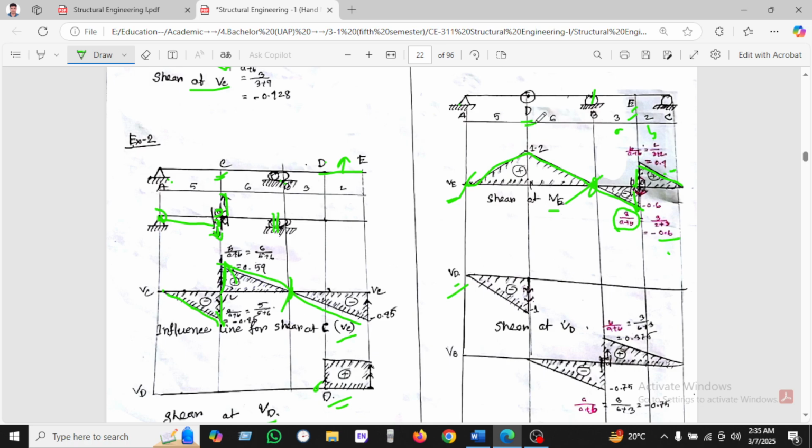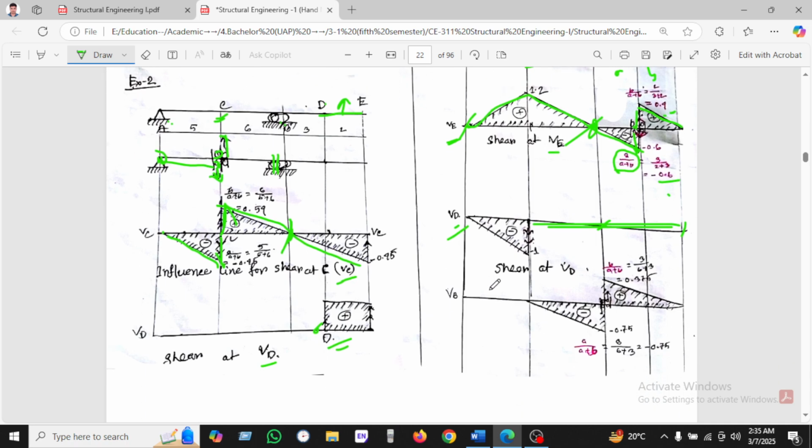So shear at D you can see here, as we know, if two supports are staying at position, that will react as a fixed support. That's why there will be no deflection, and on the other hand you can see that this is the left portion only.